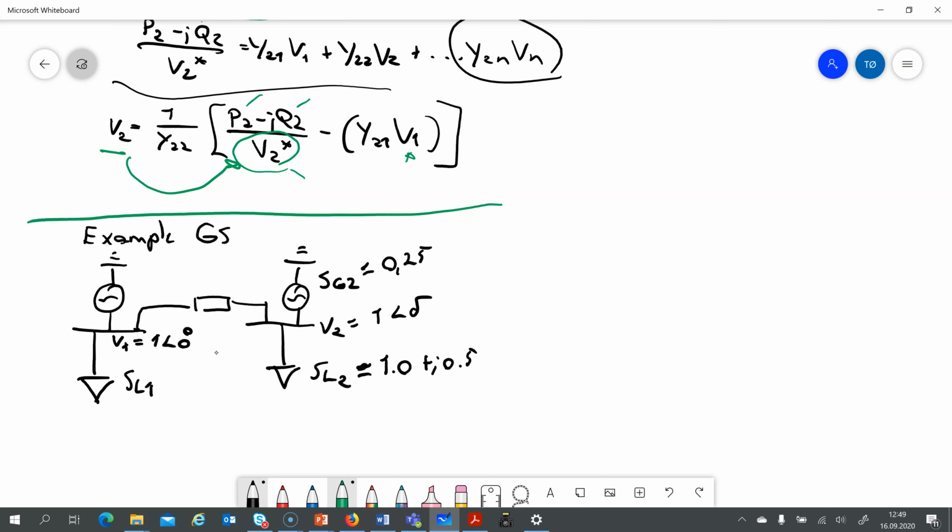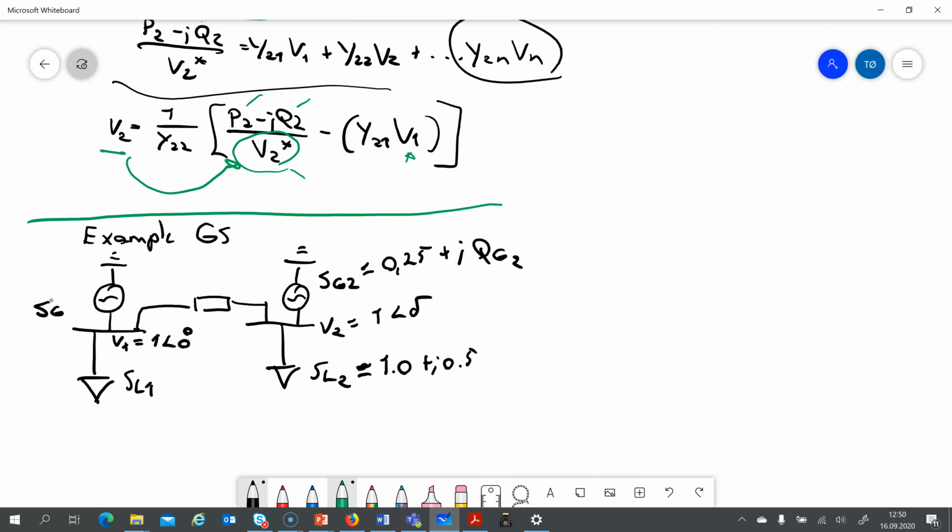0.25 plus jQ, maybe let's use capital Q, Q G2.